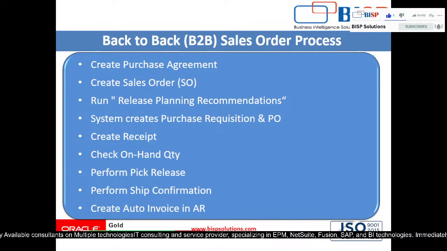Based on the sales order, we perform the pick release, and after that we perform the ship confirmation, and after this is the shipping execution, right? And after that we run one ESS job, that is import auto invoice. So the system will create the auto invoice in our application, right?